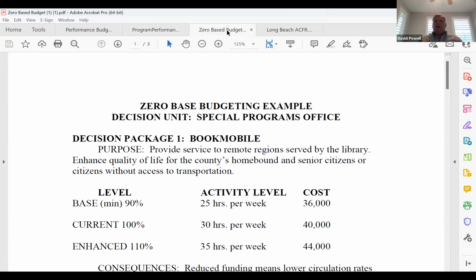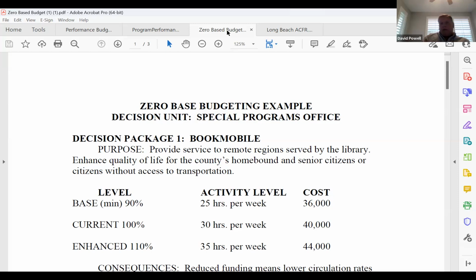Now, zero-based budgeting, again, is much more of a process than it is a finished budget document. But the bedrock of zero-based budgeting is the creation of these decision packages. Remember last week we said in zero-based budgeting, our first step will be to look at our organizational chart and to identify the lowest level in our organization where budget decisions can be made.